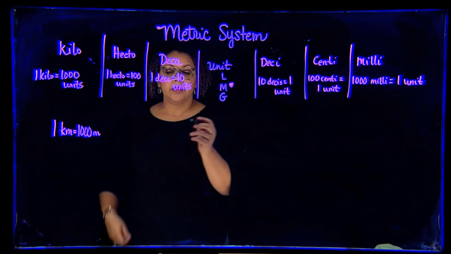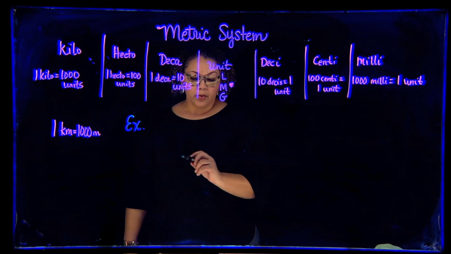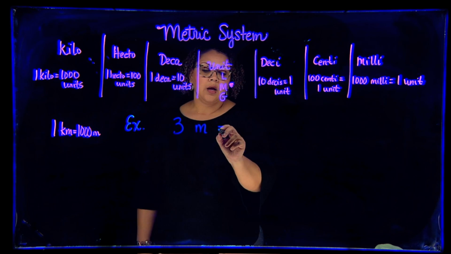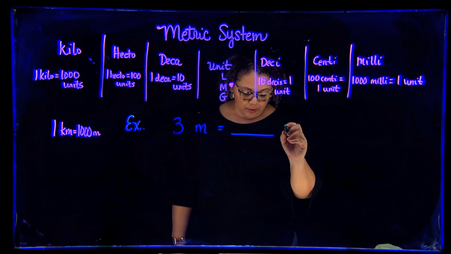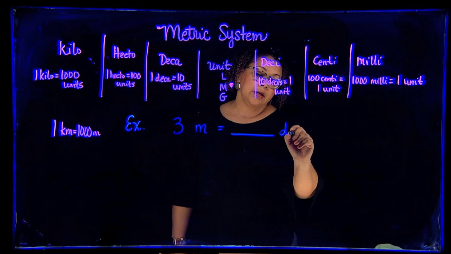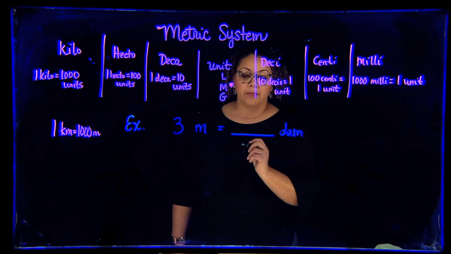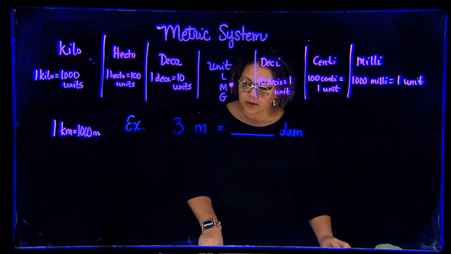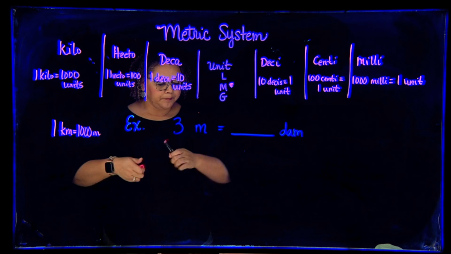Okay, let's do another example. In this example, I'm going to start with 3 meters, and I want to convert that to decameters, and the abbreviation for a decameter is DAM, DA for deca, and then the M for meter. So I'm going to look at my chart, and I'm going to figure out what my unit conversion would be.